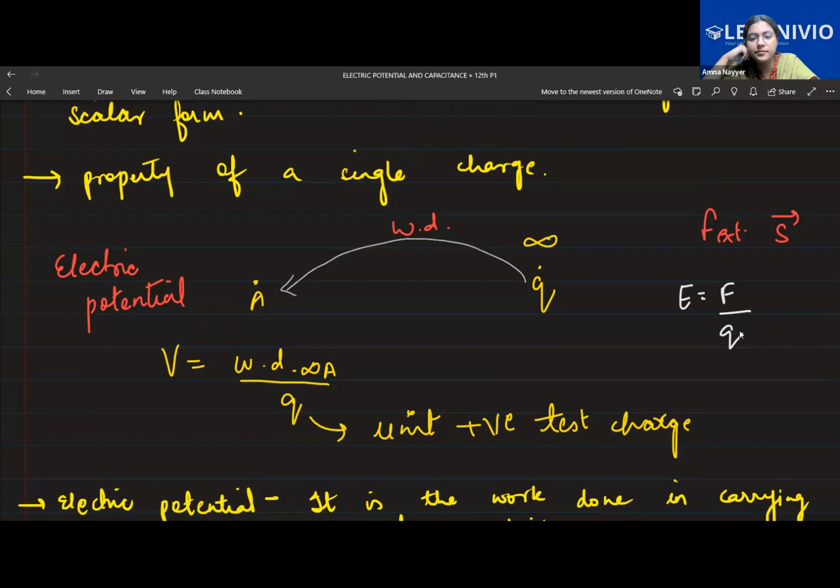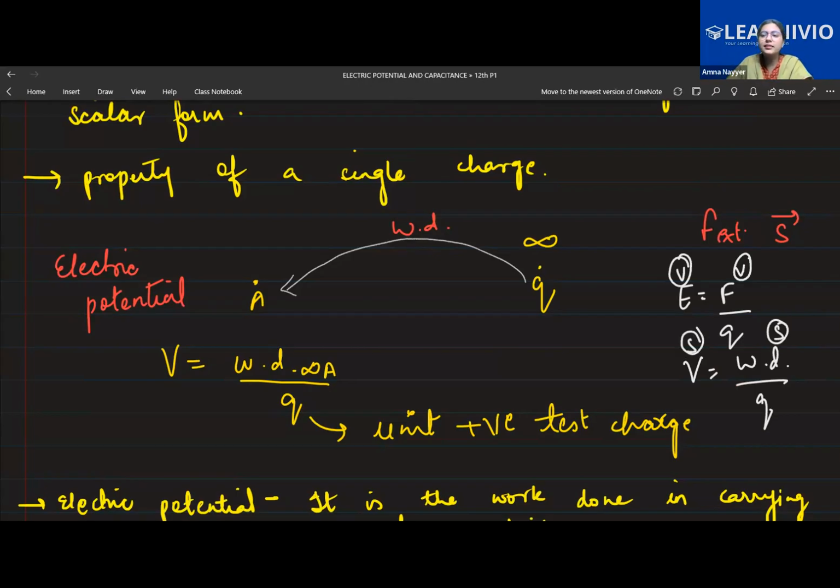Yes, ma'am. Similarly, potential is work done by charge. Electric field was a vector, force was a vector, so you got the answer also as a vector, right? E is equal to F by Q. Here it depends on work done, not the forces. Work done is a scalar quantity, hence the potential is also a scalar.